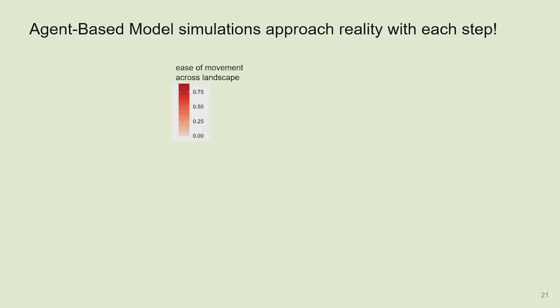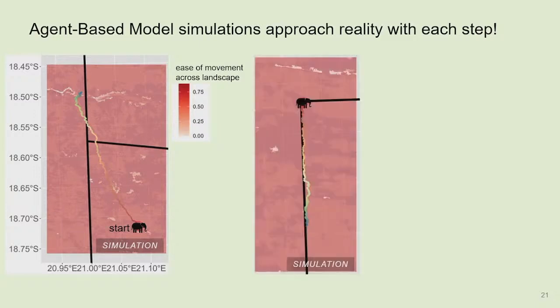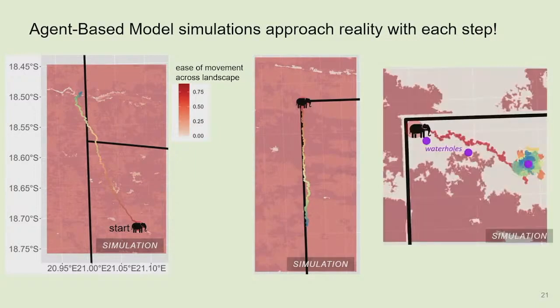So what this looks like for agent-based simulations, at first, hopefully you can see this elephant that starts out way down there. It just ignored the fences, and it took me a long time to get them to actually recognize the fences, but then I have some elephants wandering around the landscape and bouncing off the fences, and that was great. I was able to also add in some of these waterhole relationships that we saw before. So this is an ongoing process.